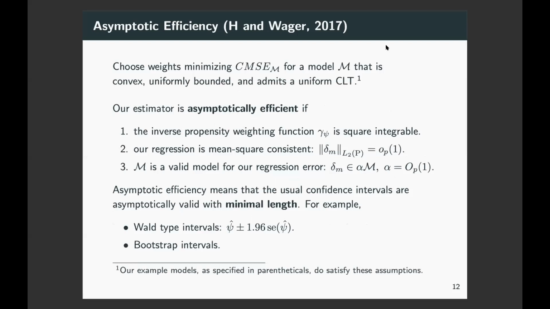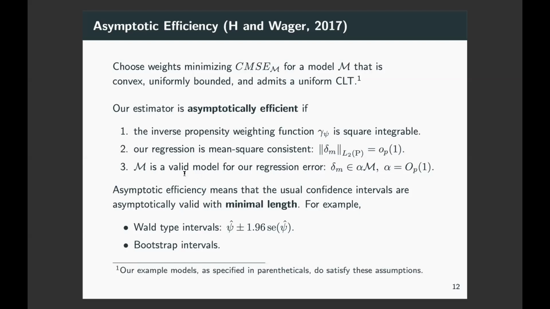The second is that our regression is mean square consistent, which hopefully you should be getting from your regression. And the third, which is the strong condition here, is that our model is a valid model for our regression error, meaning that our regression error function is either in the model or in a scaled up version where that scale is constant order.